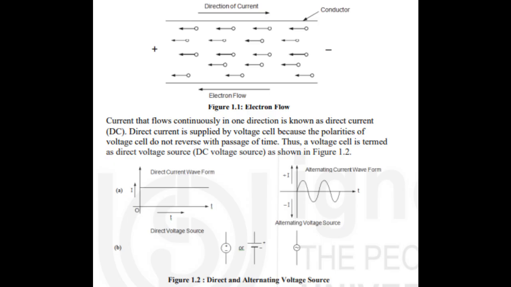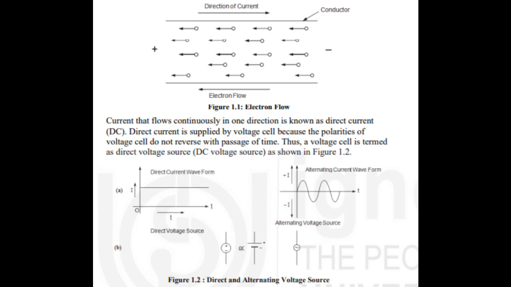When a suitable conductive path or good conductor is used, then a current will flow as a result of electric pressure. The current flows from positive potential to negative potential. But actually the direction of flow of electrons is towards positive potential from negative potential, and may be considered as flow of equivalent positive charge in the opposite direction, as shown in figure 1.1.